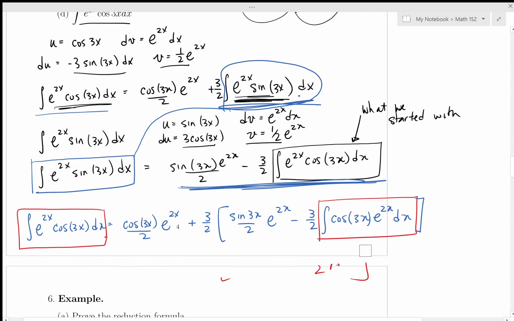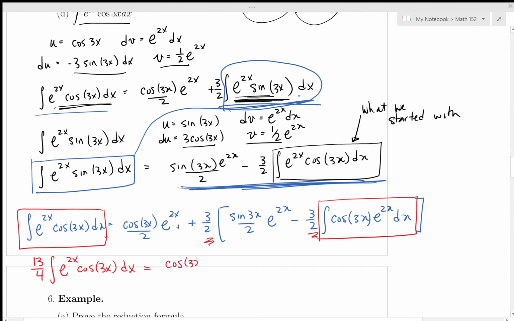Okay, I am going to collect those two terms onto the other side. So I'm looking here, I got 3/2 and 3/2, it's negative. So I add 9/4 to 1 and I get 13/4. So I get 13/4 times the integral of e to the 2x cosine 3x dx is equal to the rest of the stuff.